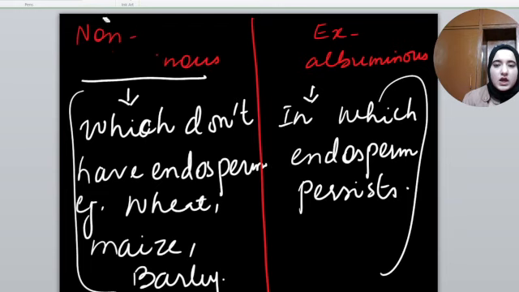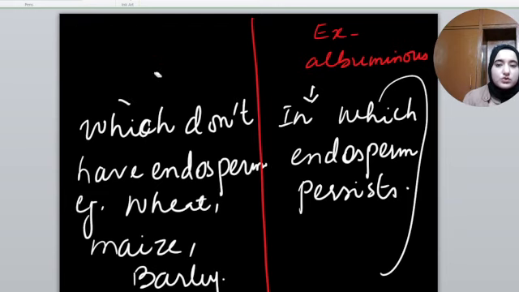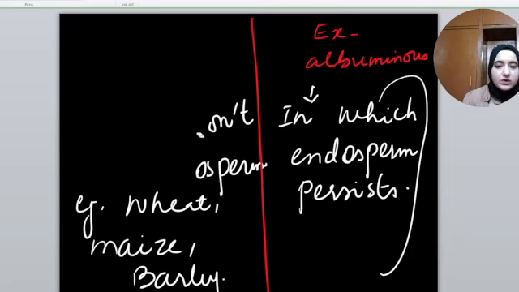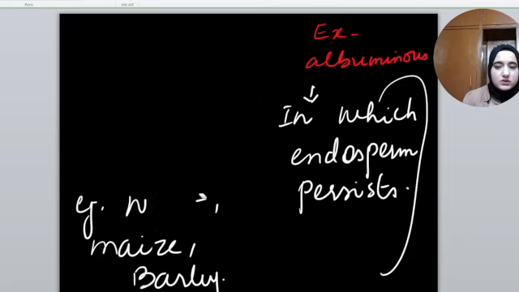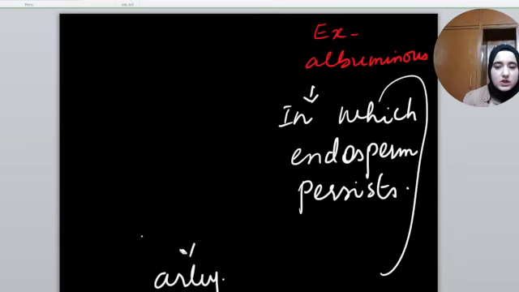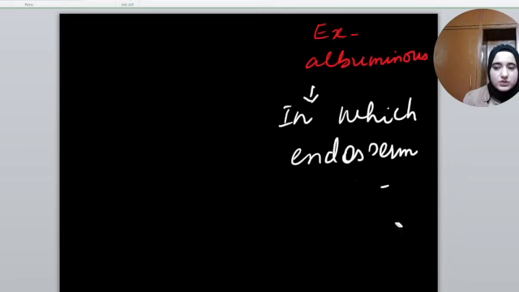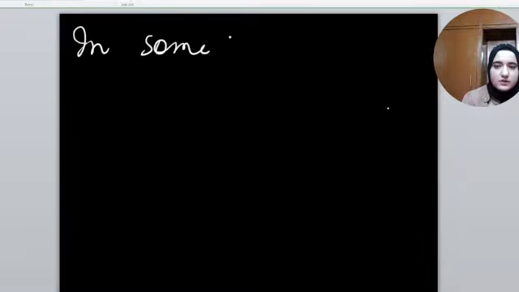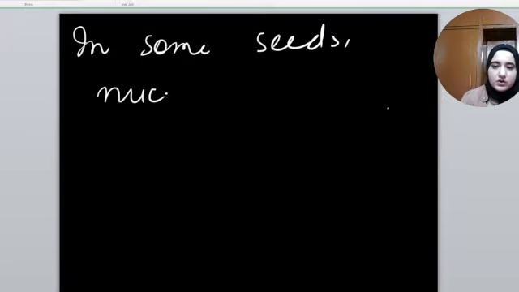Now we have some seeds in which nucellus also persists. Nucellus, which is found in the female reproductive structure, right? Those cells which provide nourishment to the zygote, to the megaspores, right? Let me write it down here. In some seeds, nucellus persists.